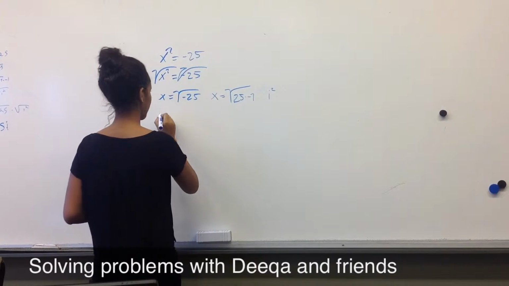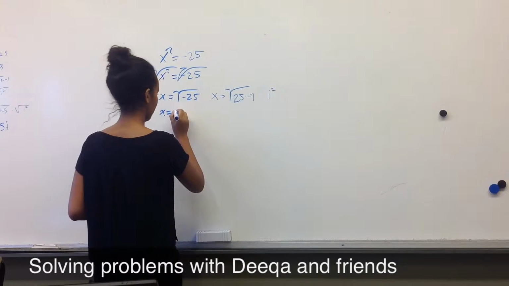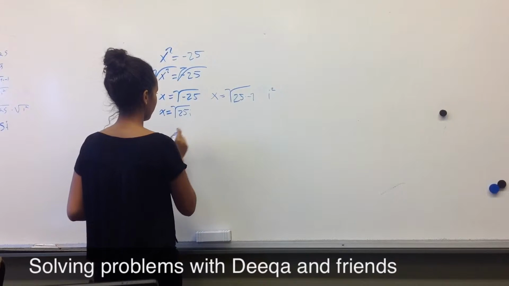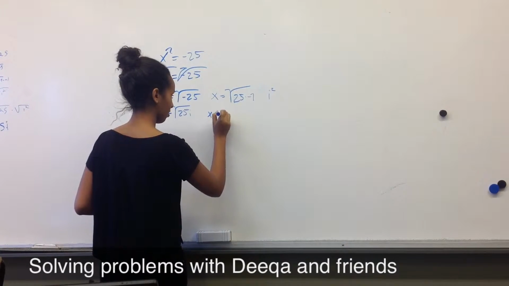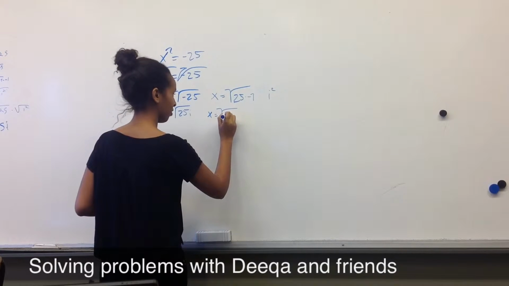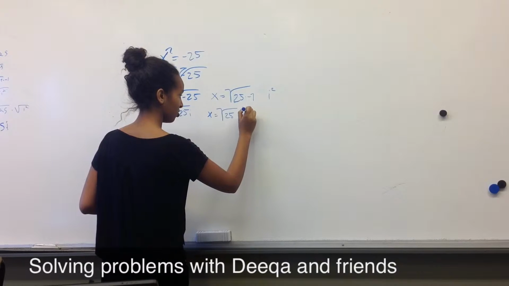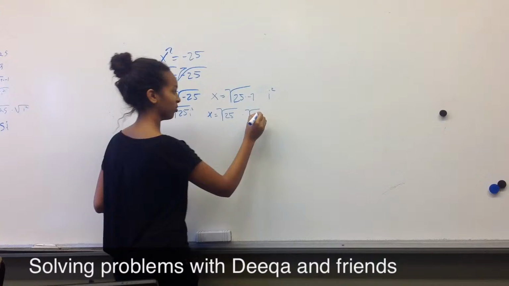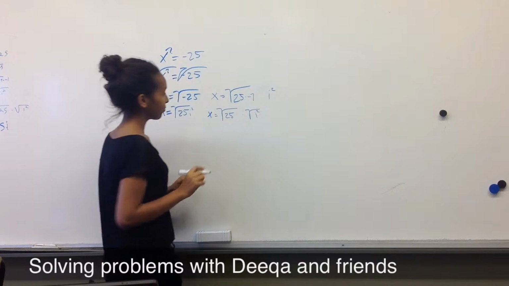And the next step is x equals square root of 25i squared. And this can be rewritten also as x equals square root of 25 times the square root of i squared.